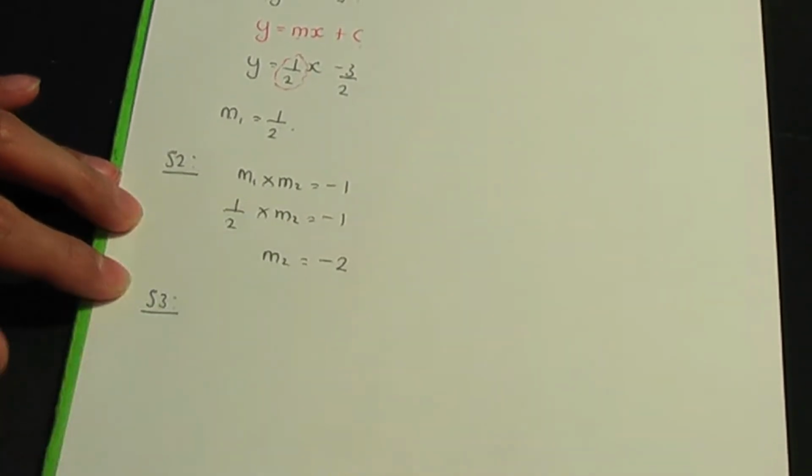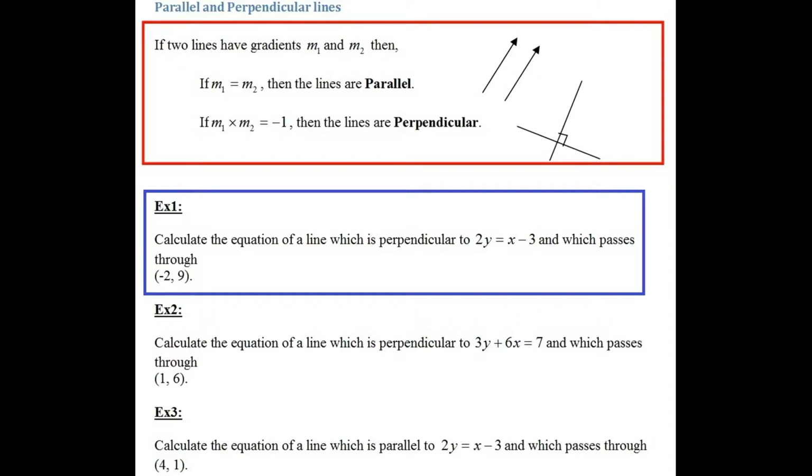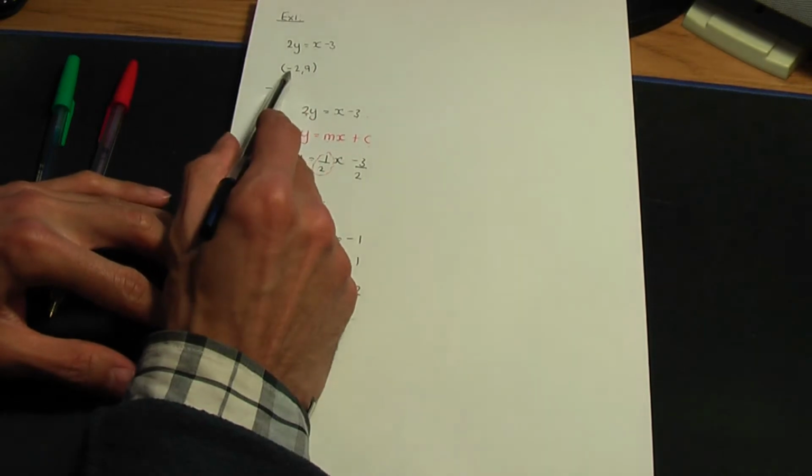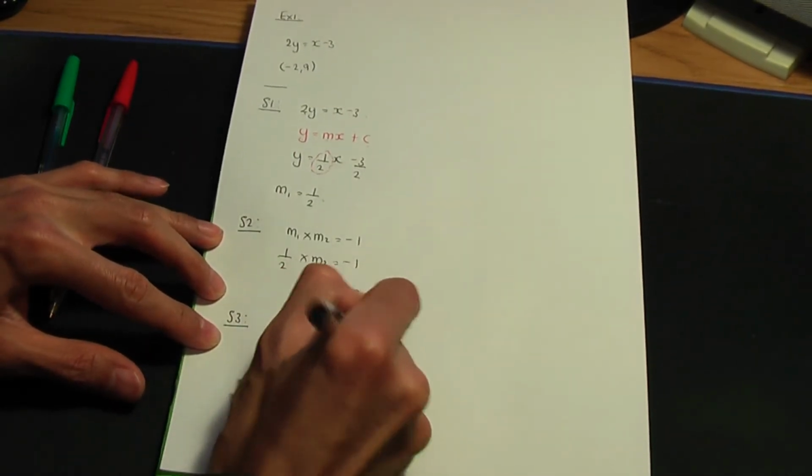So that completes step 2. Let's move to the final step, step number 3. If you go back to the screenshot, we need to work out the equation of the line which is perpendicular to this line given, but it passes through -2 and 9. Back to the paper and pen, -2 and 9 is going to be our x1 and y1.